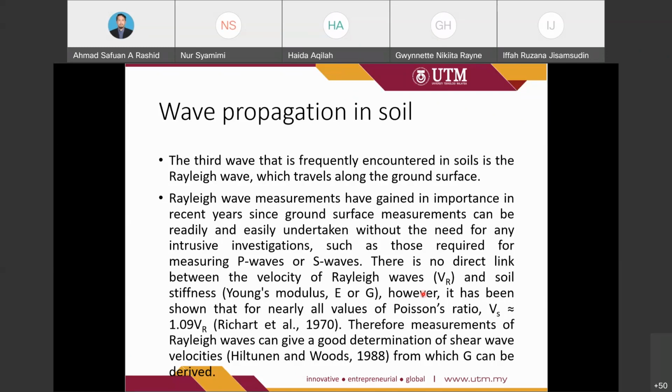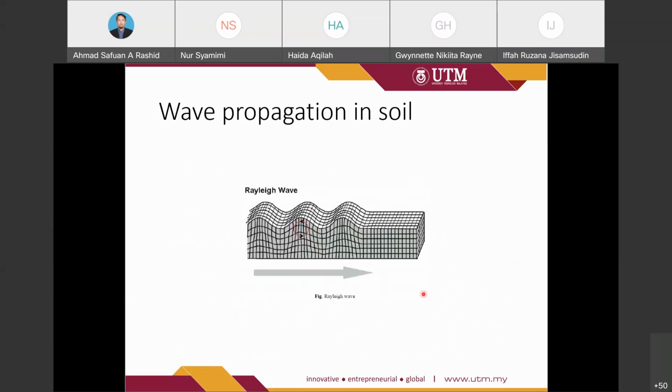From there, the equation from the VR can be converted to the VS by multiplying with 1.09. Therefore, measurement of Rayleigh wave can give a good determination of shear wave velocity from which G can be derived. So this is an example of the Rayleigh wave.